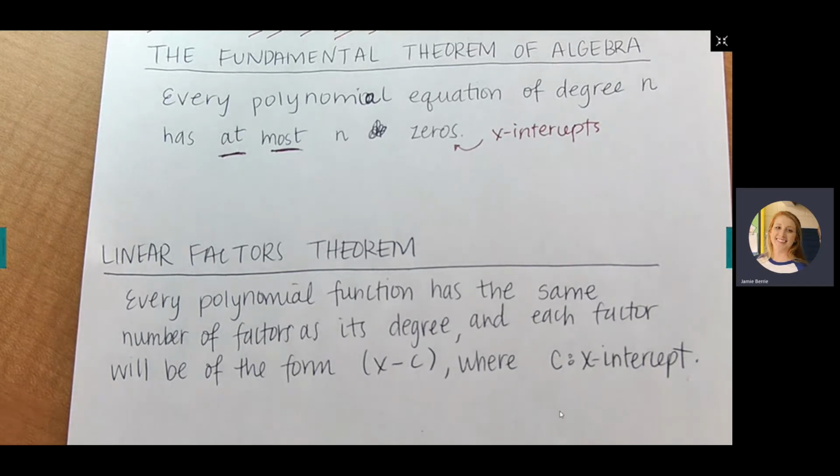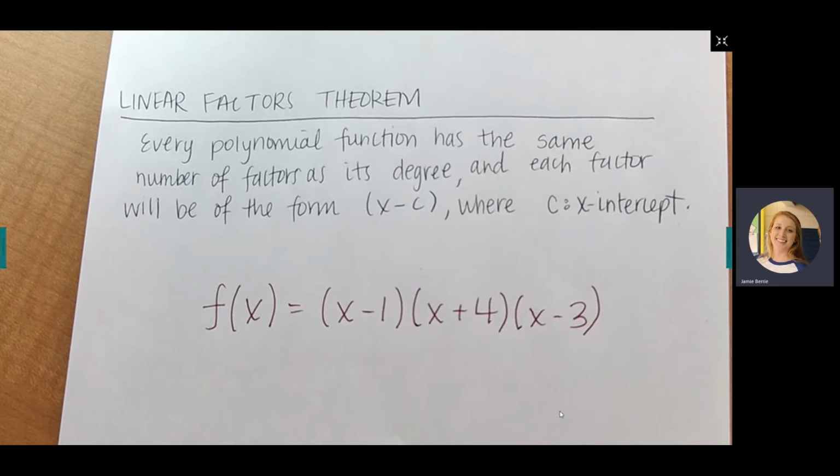All right, so I wrote a really basic example of a polynomial function here, and we'll talk about what the two theorems, the fundamental theorem of algebra and the linear factors theorem, tell us about this function.